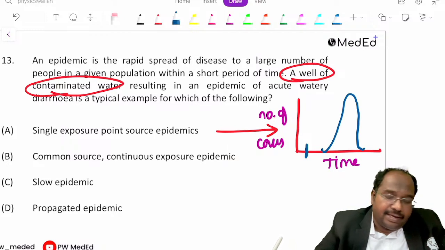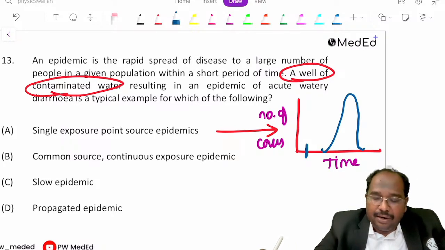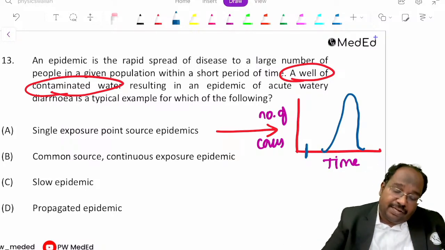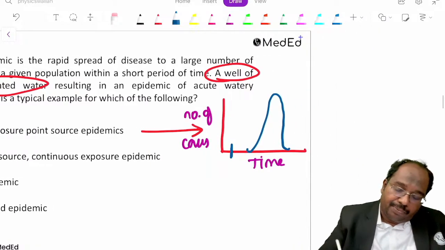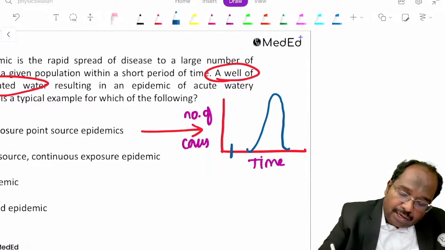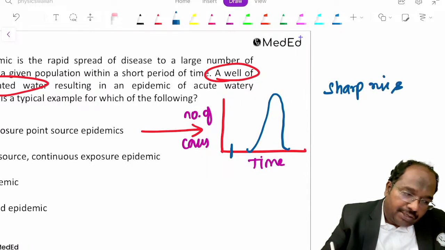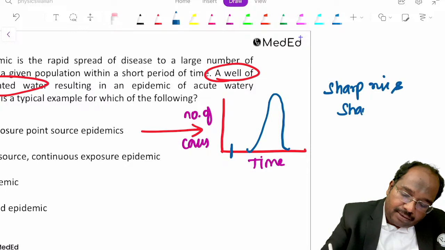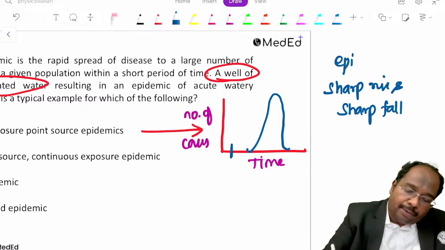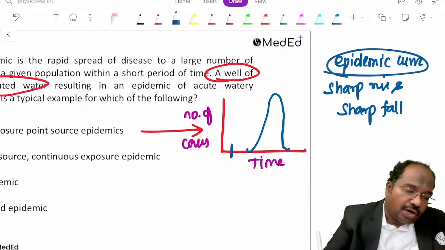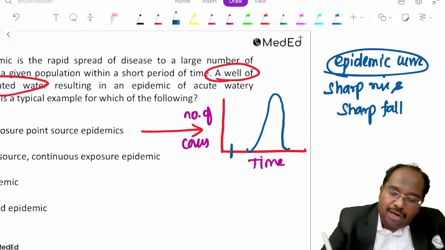In the epidemic curve of the single exposure point source epidemic, there is a sharp rise and a sharp fall.